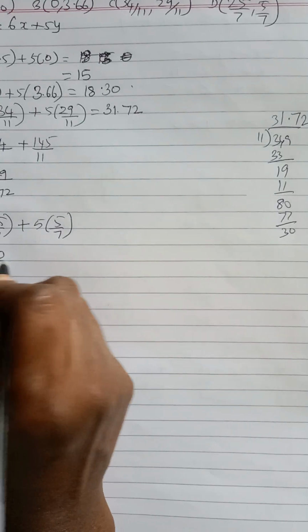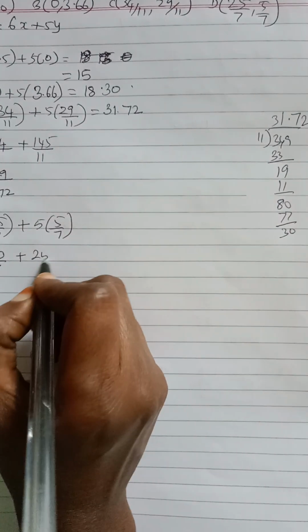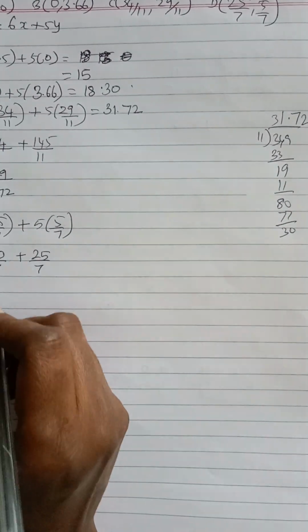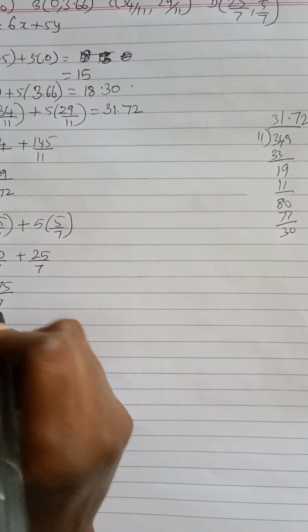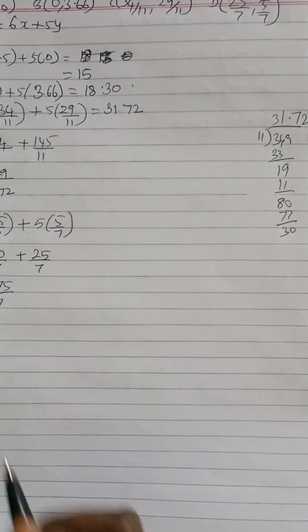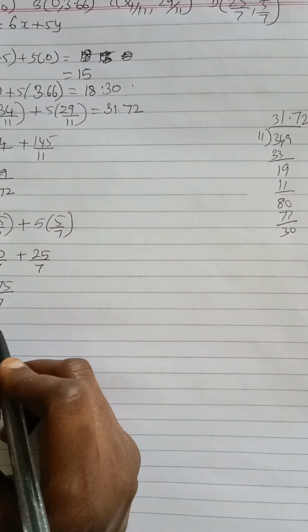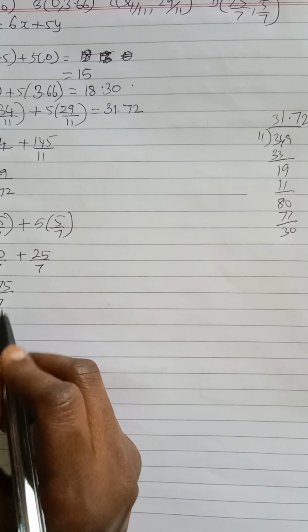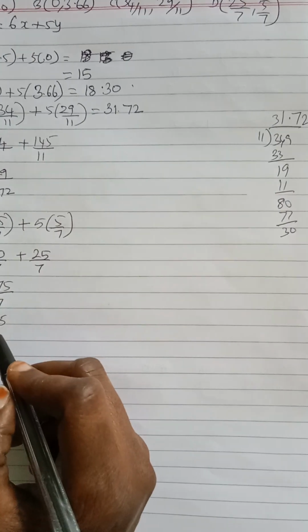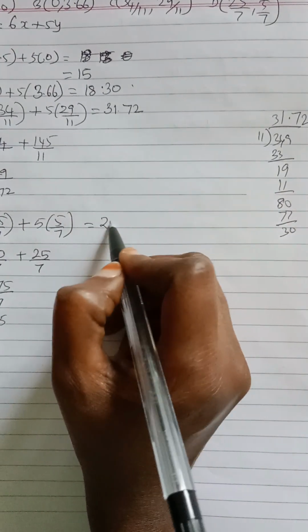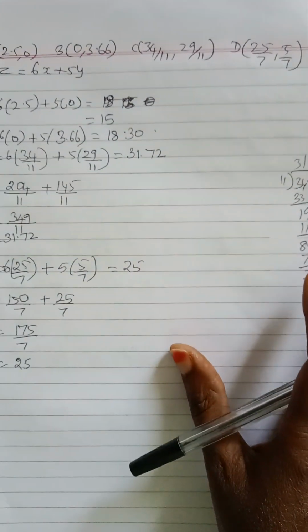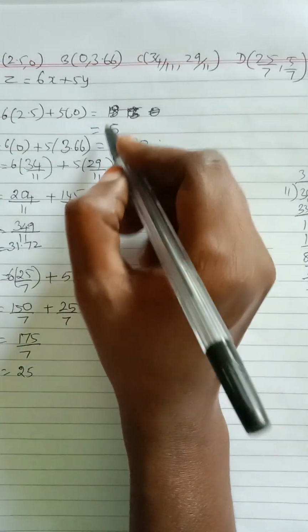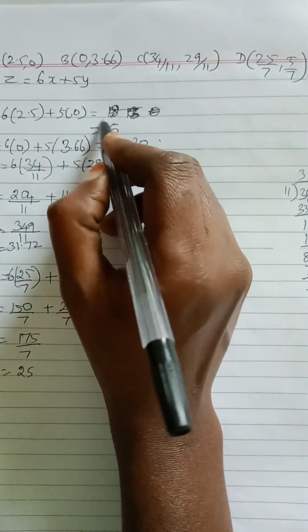So 150 by 7 plus 25 by 7, which is equal to 175 by 7. So 175 by 7: 7 3s are 21, 7 5s are 35. 35 goes 5 times. So Z of D will be 25.